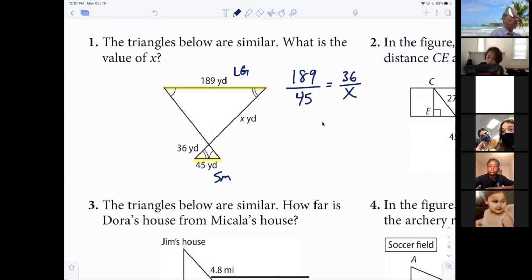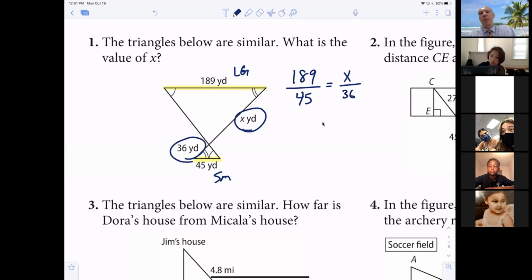You with me? So that's why it should be what? No, I'm asking, set up the proportion. Oh, okay. 189 over 45 equals x over 36. Yes, it should be x over 36. You're going to tell me the answer in a minute.